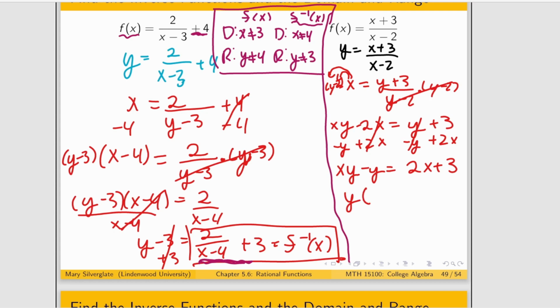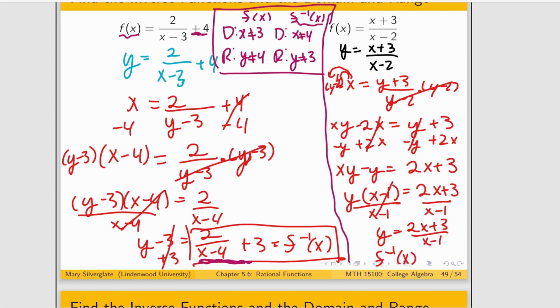Well, xy divided by y leaves us with x. Negative y divided by y leaves us with negative 1. And then as my last step to get y by itself, I can divide by x minus 1. So then I just found out that y is equal to 2x plus 3 over x minus 1, and that is my beautiful inverse function for the other one.